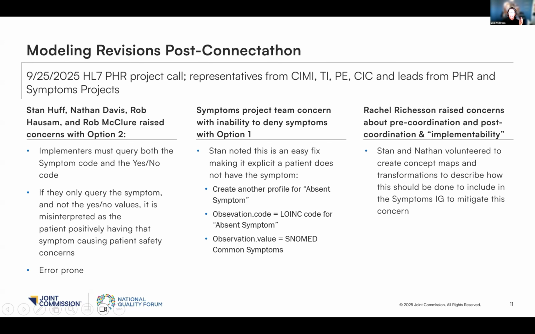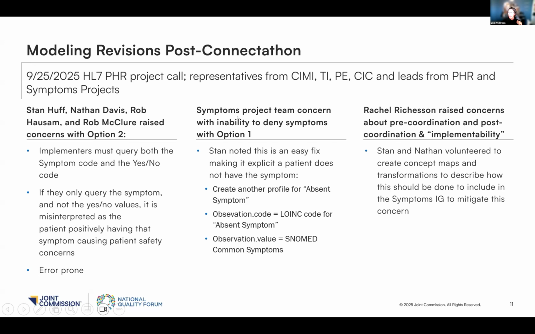And so we discussed the challenge that we were having, and then talked through the options. The big concern with the way that we had it modeled was that implementers must query both the symptom code and the yes/no response with that approach. And if they only query the symptoms, it could be misinterpreted that the patient positively has that symptom, and it becomes a patient safety concern and was also noted to be error prone.